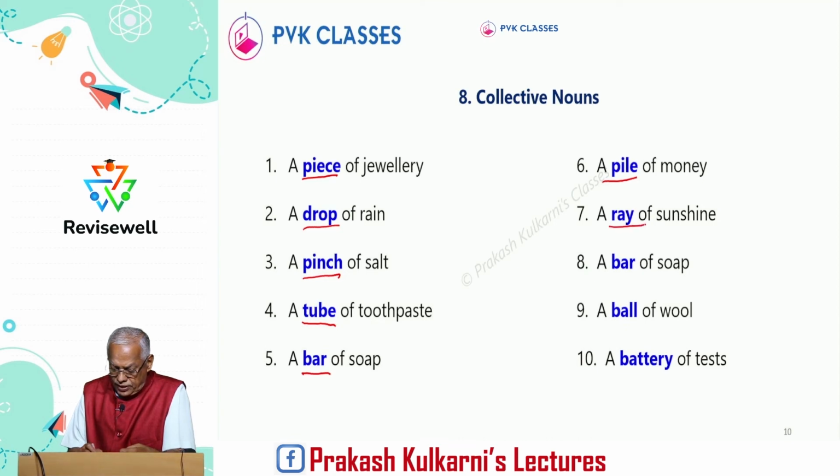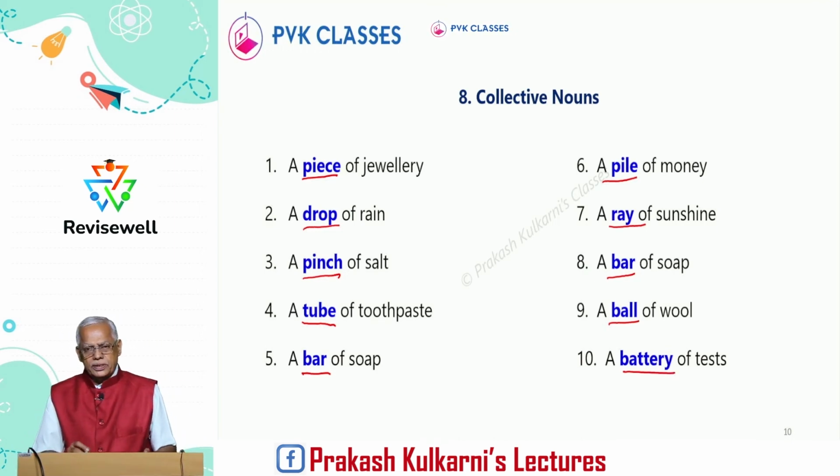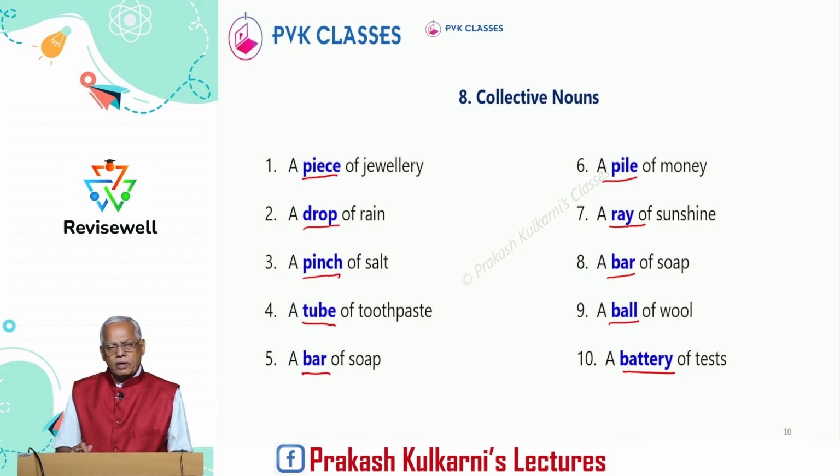A ray of sunshine. A bar of soap, it is repeated here. A ball of wool, it is a ball of wool. A battery of tests. So, a series of tests will be there. It is called a battery of tests.